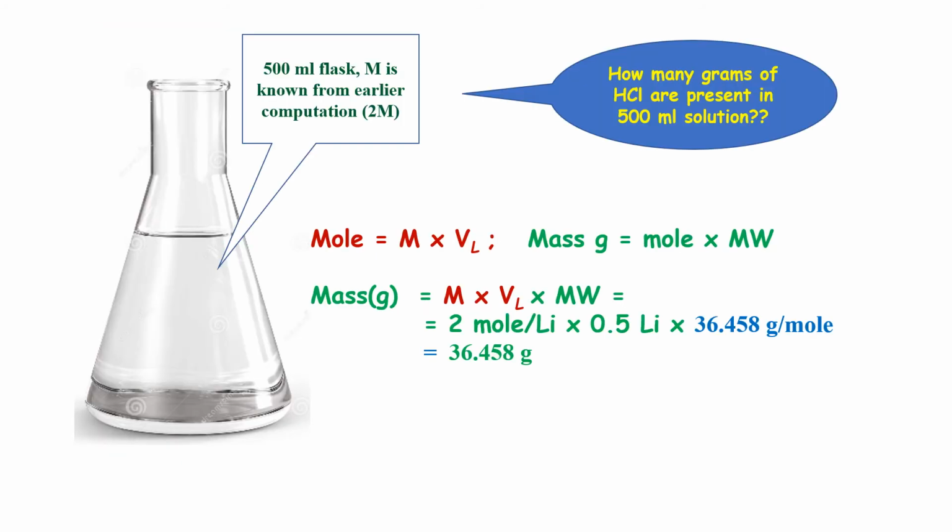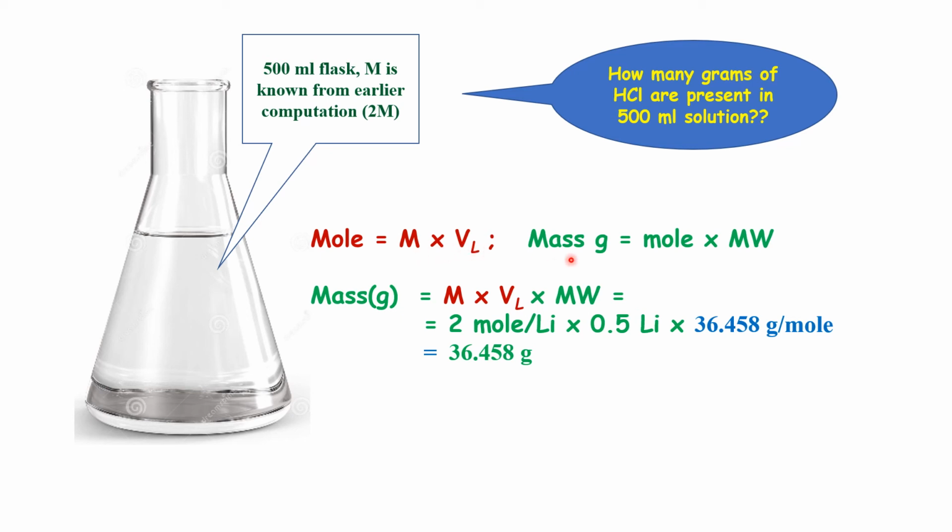Now, going back to the 500 ml. Okay, so there is a 500 ml solution that remained in the flask. Molarity is known from the earlier computation. It's 2 molar. The next thing to tackle is to determine how many grams of HCl are present in the 500 ml solution. Okay, now we have to recall again that mole is equal to molarity times volume in liter.